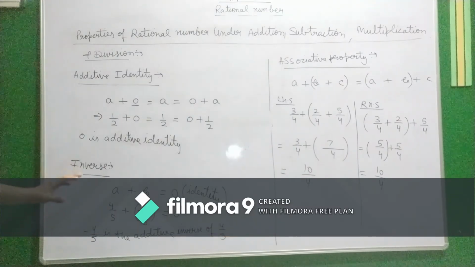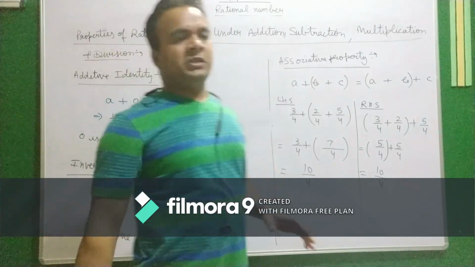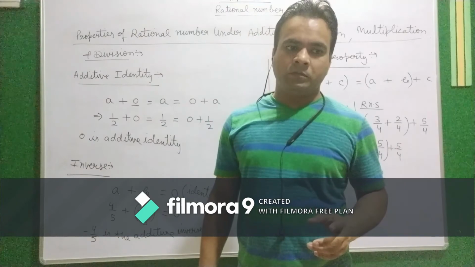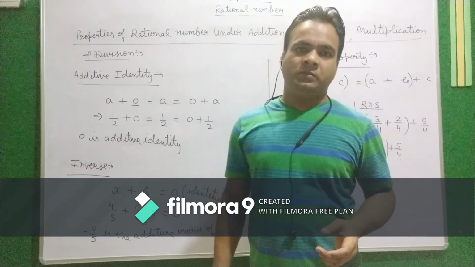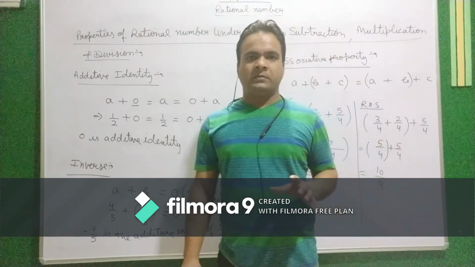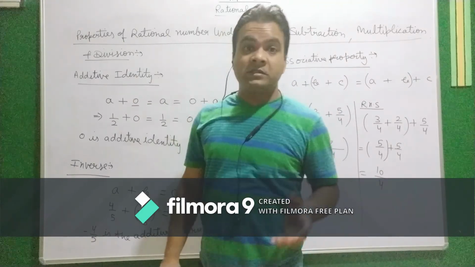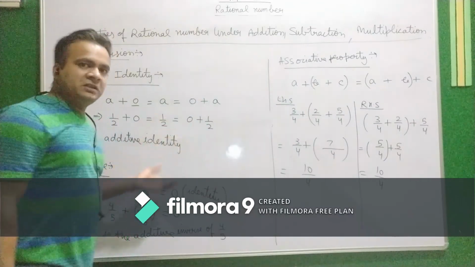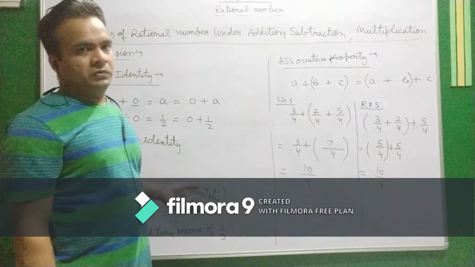In a simple way, if anybody asks you what is the additive inverse of 1 upon 2, you can directly write minus 1 upon 2. Change the sign. What is the additive inverse of minus 3 upon 5? Plus 3 upon 5.